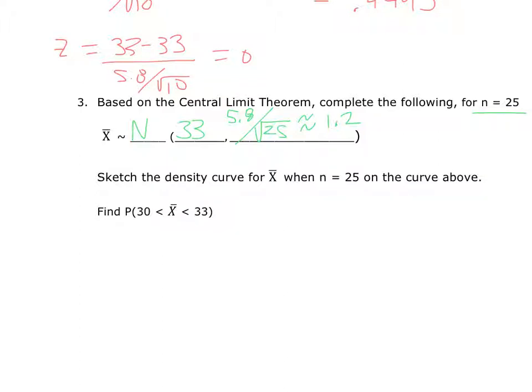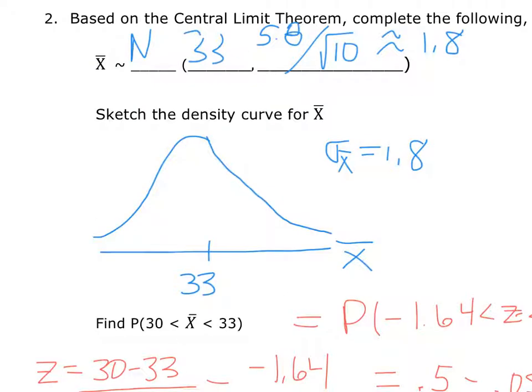So now let's sketch the density curve for x bar when n is 25 on the curve that we have above. Really all we have to go by is it's going to have the same mean. It has a smaller standard deviation. So what does that say about the curve?